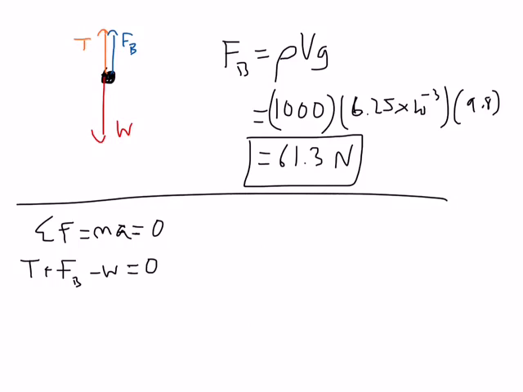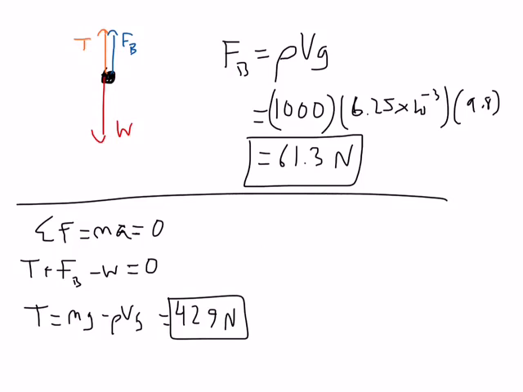So I give positive and negative signs appropriately. So we can solve for tension equals the weight, mg, minus the buoyant force, which is that rho Vg number. We just calculated it. So we plug in numbers. We know the mass of the anchor, and so we're just going to get that it is 429 newtons of force in the tension. Right? So it's not supporting the whole weight because of the buoyant force, but it's supporting most of it.